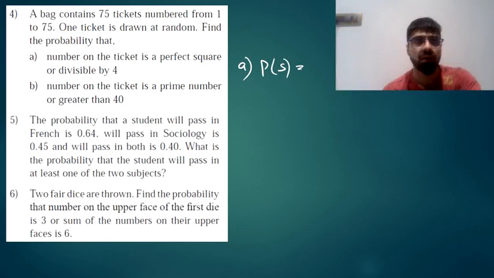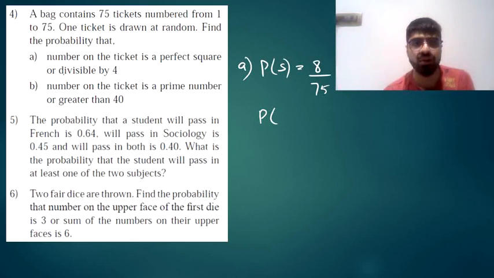So you have 1, then you have 4. 8 square will be 64, 9 square will be 81. So up to the square of 8 are the numbers that we have from 1 to 75. So there are 8 numbers which are perfect squares, and there are 75 tickets in total. So the probability of having a perfect square will be 8 upon 75.